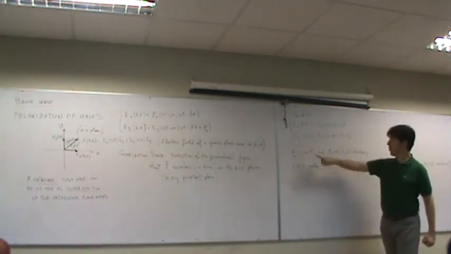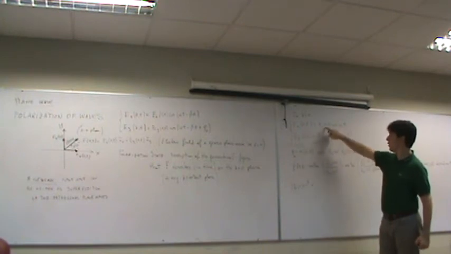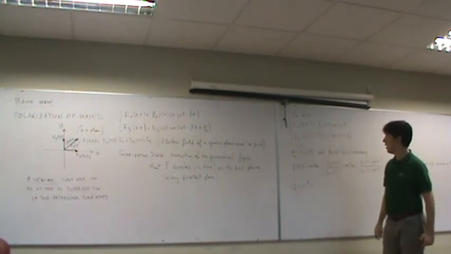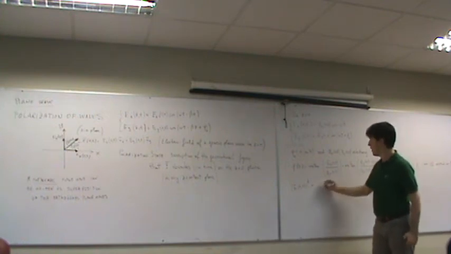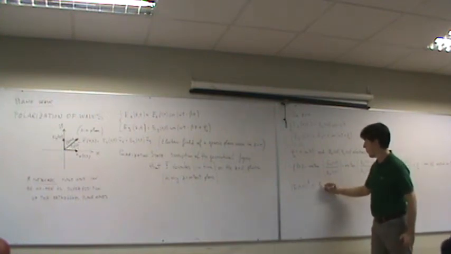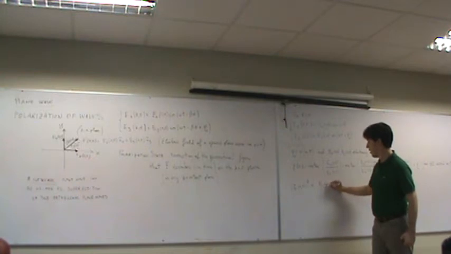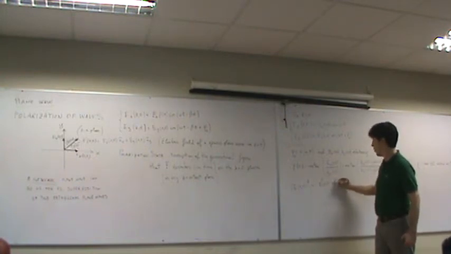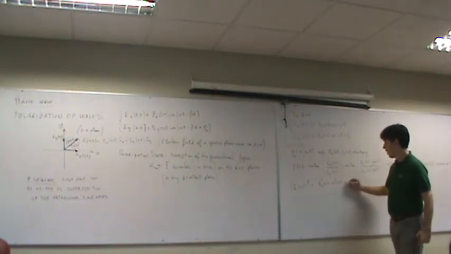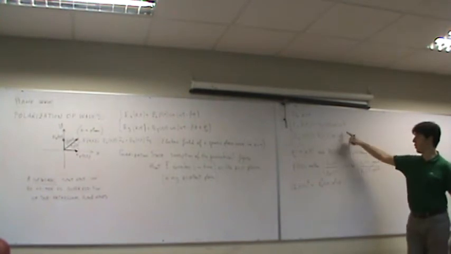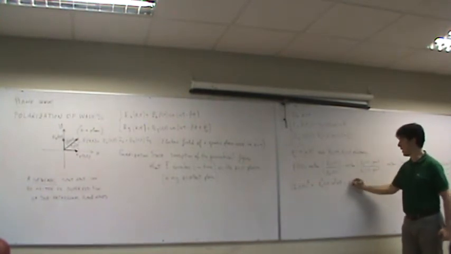This is the square of the two components. Since those are perpendicular to each other, we have to sum them up like this.